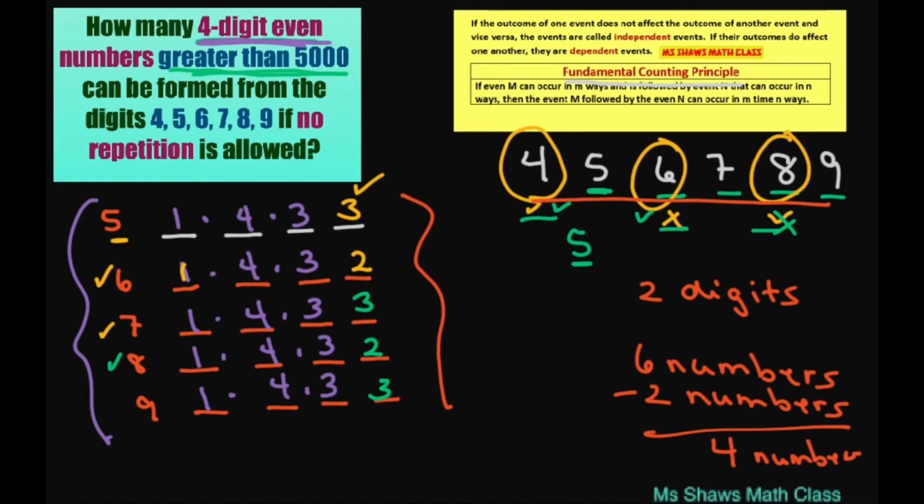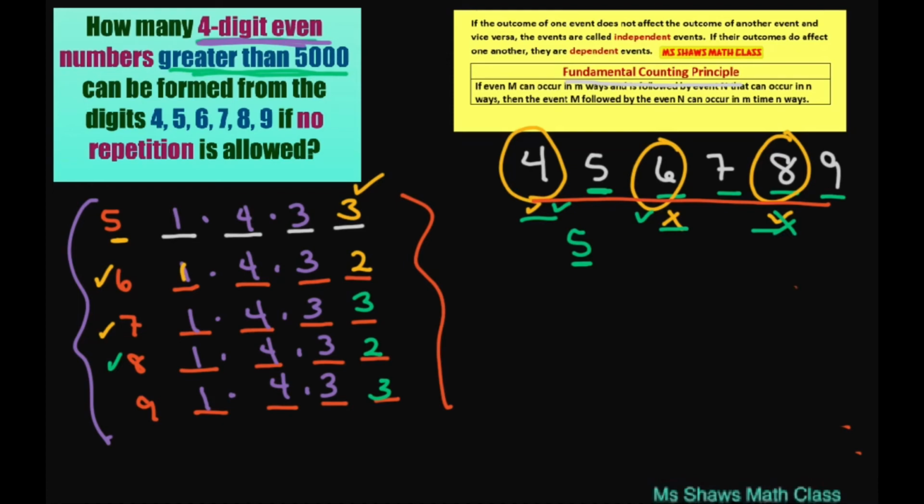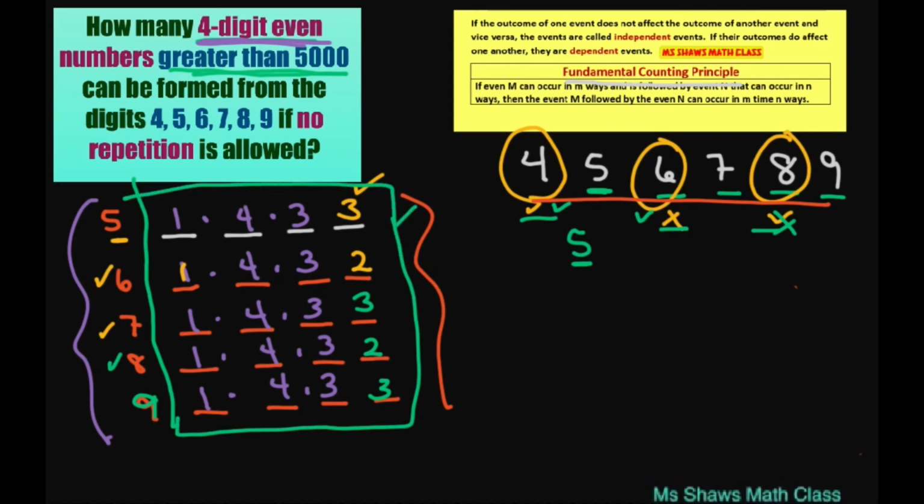And then what I'm going to do is look at the ones that are in common. Now this was just the digits we were looking at for the first digit. Basically I have 3 of these: 1 times 4 times 3 times 3, or you could just say 3 times 4 times 3 times 3, because we don't really need to put that 1 there.